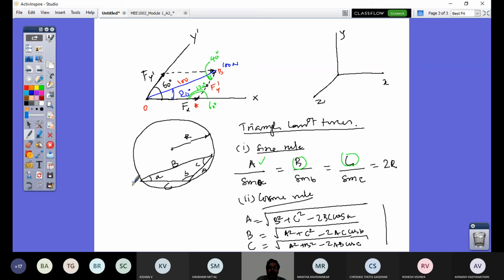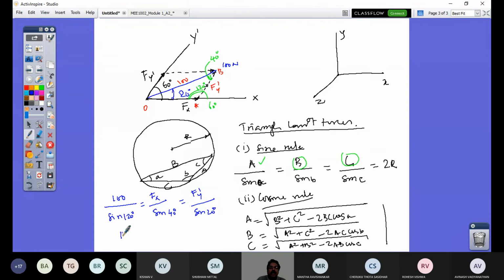So look at now Fx. I know 100 Newton. So 100 by sine, I am applying the sine rule first. Sine of the angle opposite to that, which is 120 degrees, is equal to Fx by the opposite angle, 40 degrees, sine 40, and Fy dash by the opposite angle, 20 degrees, sine 20 degrees.